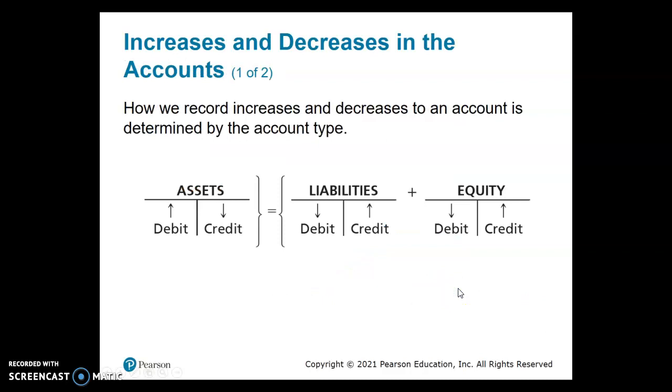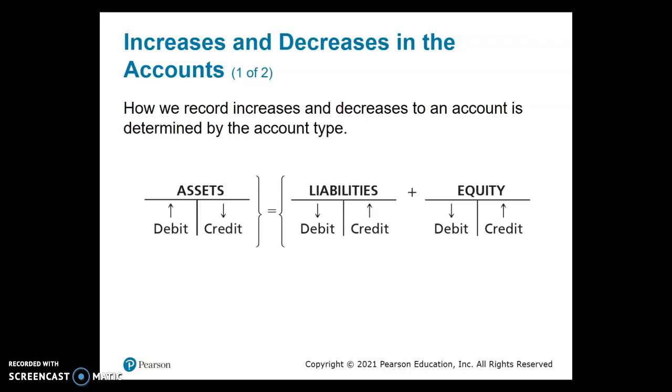Next, how we record increases and decreases to an account is determined by the account type. Remember the accounting equation: assets equals liabilities plus equity. To record an increase to any asset account, we put that number on the left or debit side.